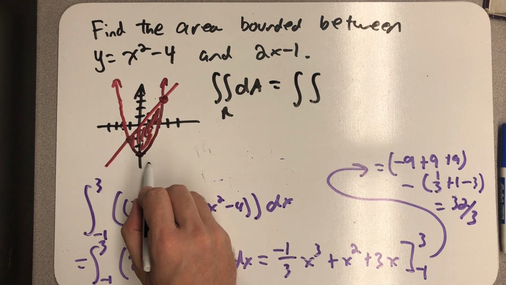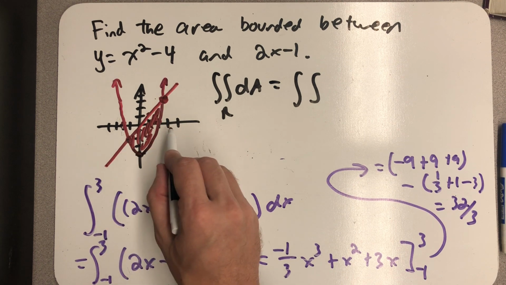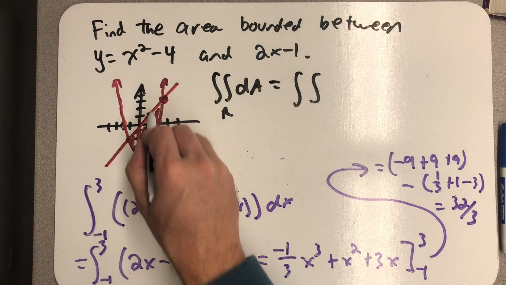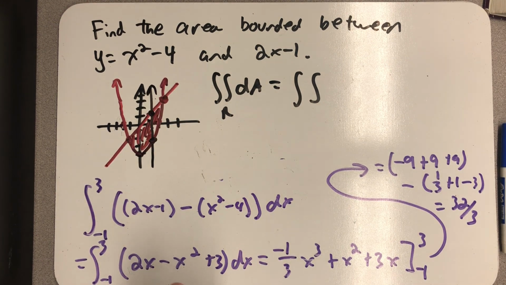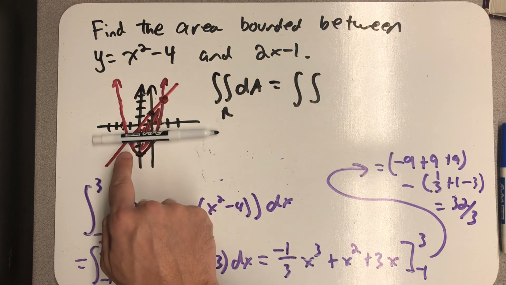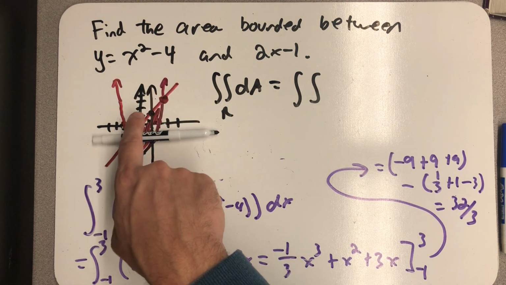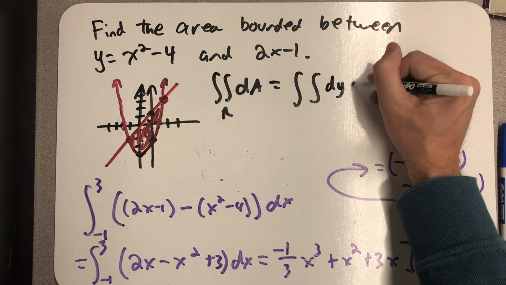I think choosing y to be my first direction of integration is smart because as I shoot rays through it, I always go through the same bottom function and same top function. If I wanted to integrate with respect to x first, my function would change here, right? I have the left and right hand sides of the parabola, and then I have the line and the parabola. So I think all things point to choosing y.